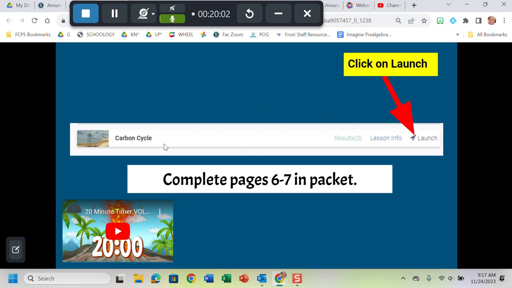When you click on that, you should still see a coral reef one from previous classes. You might have pond snails or something, but this time you're going to click on carbon cycle. You're going to click on the word launch and spend some time working on that. I'm not going to wait 20 minutes with this video, obviously, but you can pause the video while you're working on your Gizmos.